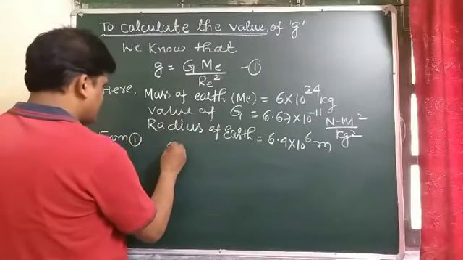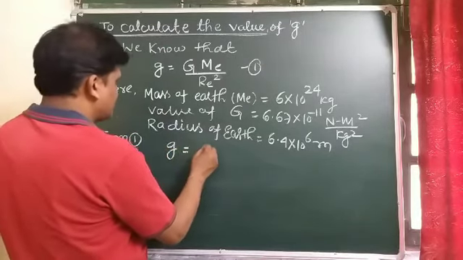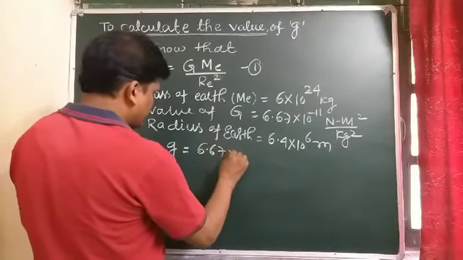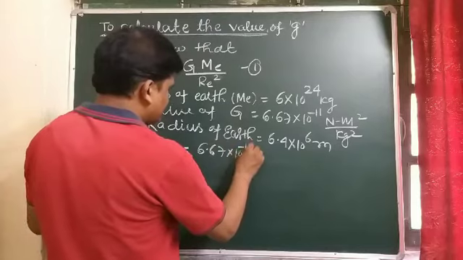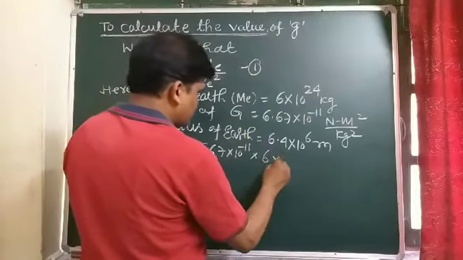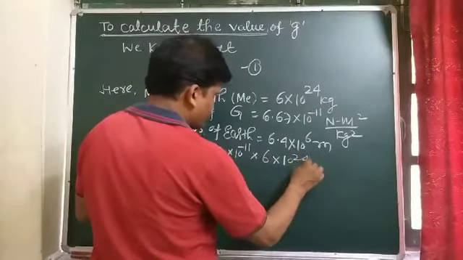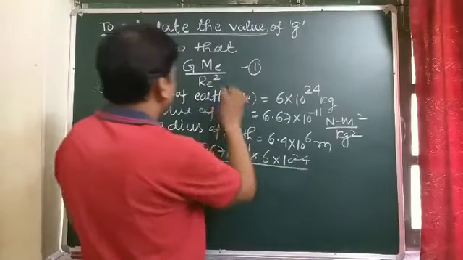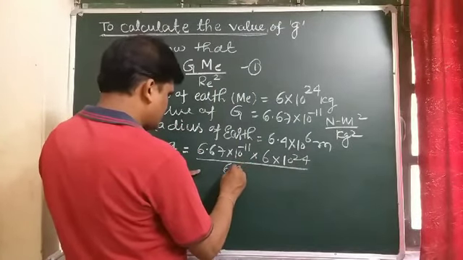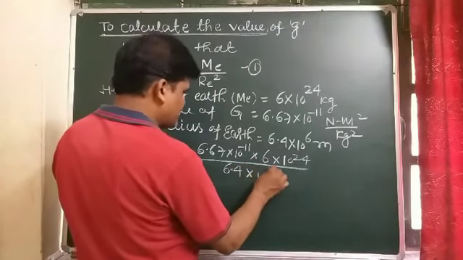students, g equals 6.67 into 10 to the power minus 11, mass of Earth, that is 6 into 10 to the power 24, divided by R_e square, 6.4 into 10 to the power 6 whole square.